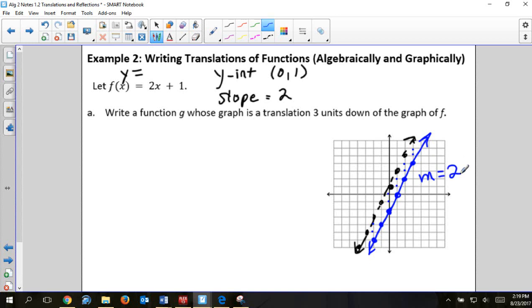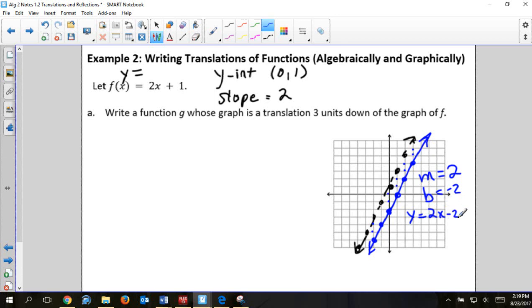Shay, what's the y-intercept? Where does it cross the y-axis? -2, right. So if I wanted to write the equation, that would be y equals 2x minus 2.